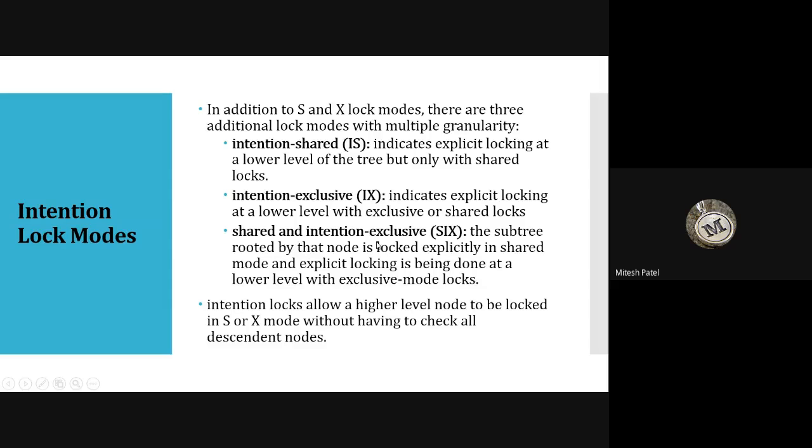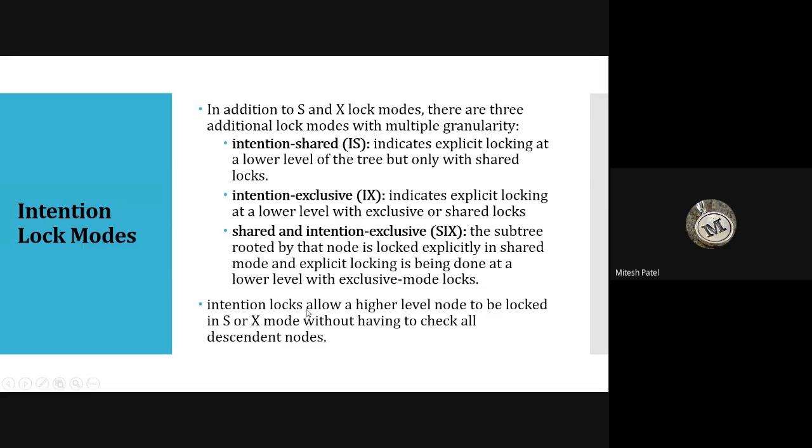And in shared and intention exclusive, the subtree rooted by that node is locked explicitly in shared mode, and explicit locking is being done at a lower level with exclusive mode. It means both shared and exclusive mode. The subtree rooted by the node is locked explicitly in shared mode. These three locks you need to remember.